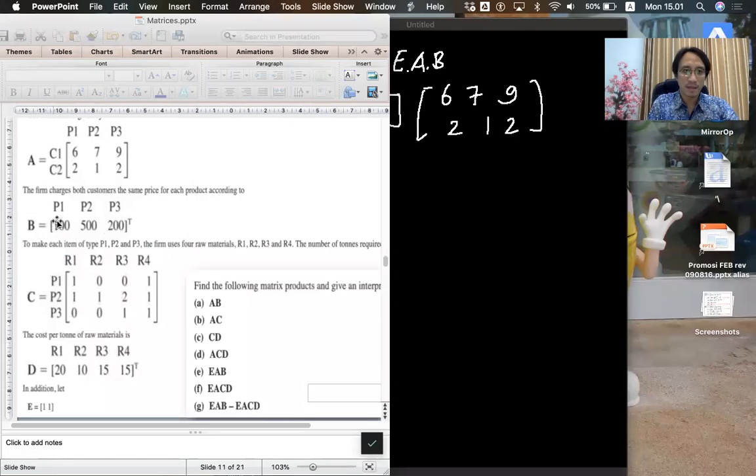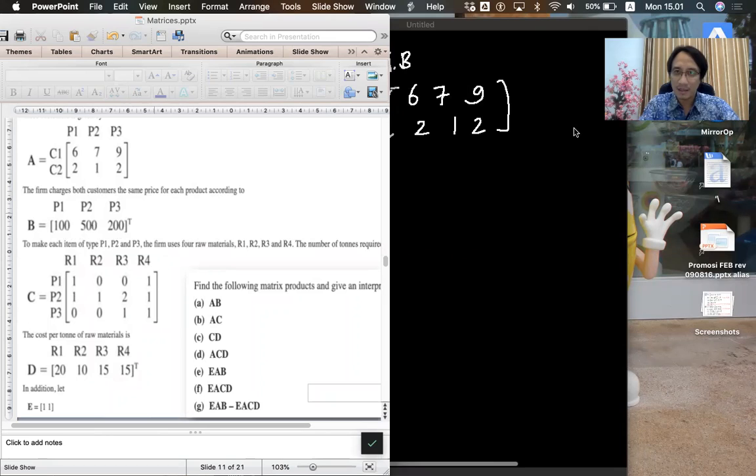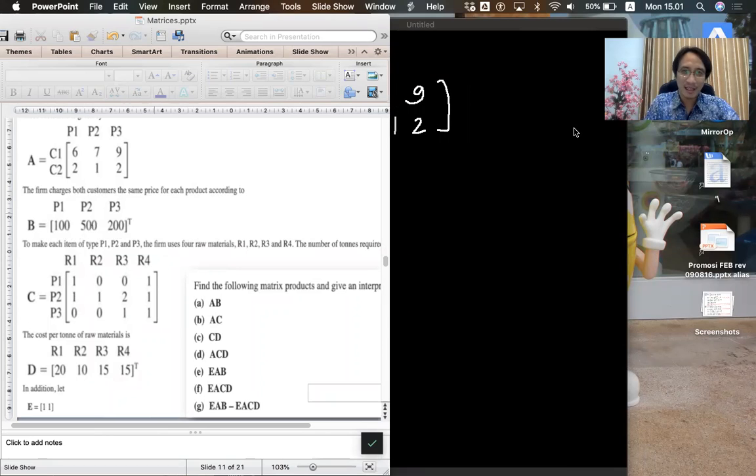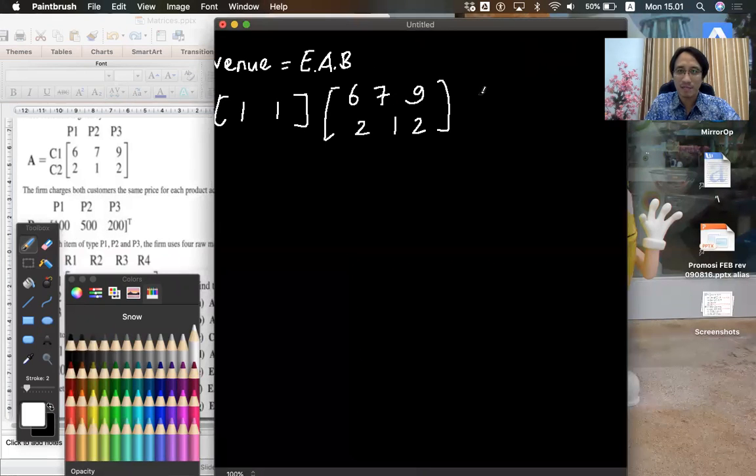See this one? This is the B, but there is a transpose sign. Maybe I just need to write it, and we will discuss and analyze it. For the B, I have 100.